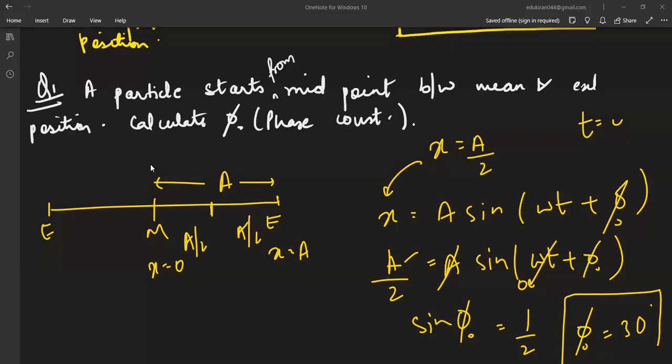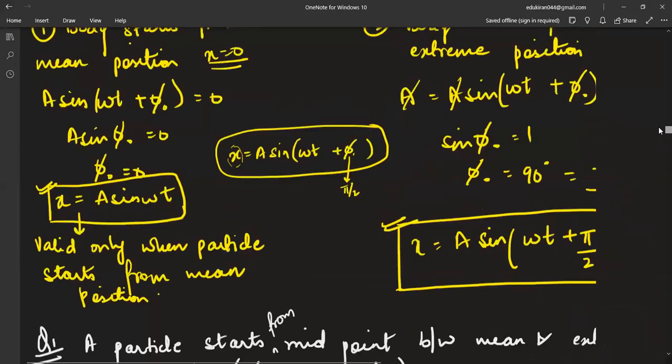Ma'am, why are we taking sine? See, you're asking why we are taking sine here. This is the standard equation of SHM. When the particle is starting from the mid position, where is it proceeding?